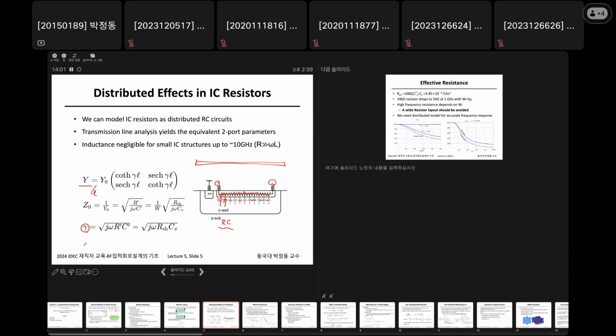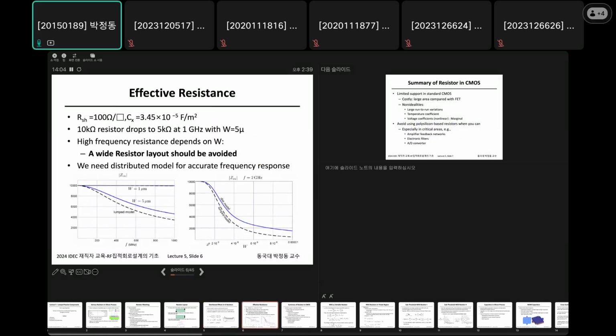If you plot this resistor as a function of frequency, as can be seen here, at 200 megahertz it is around 900.